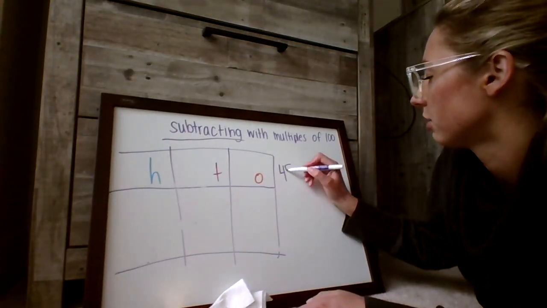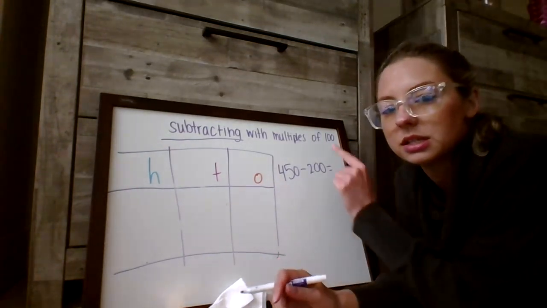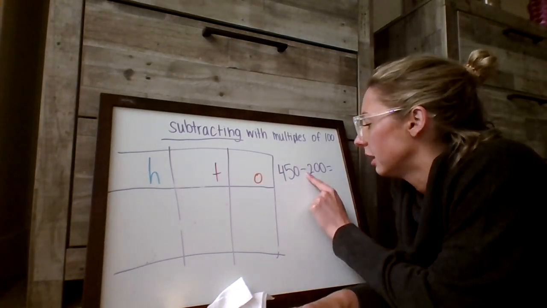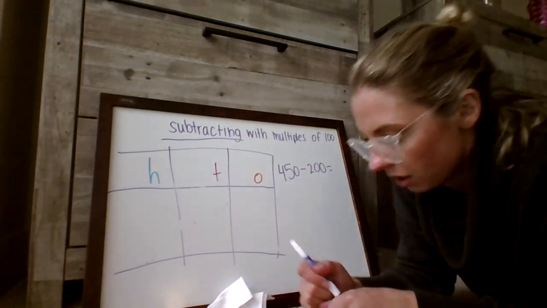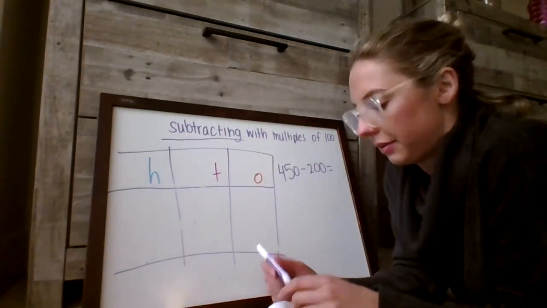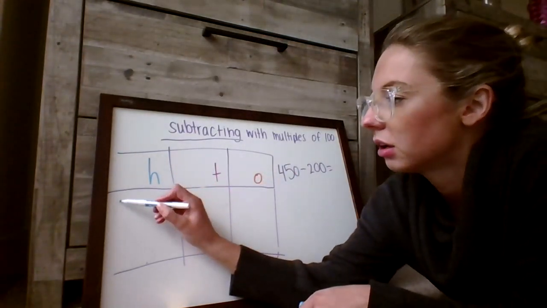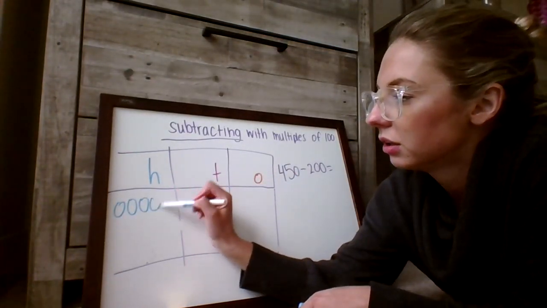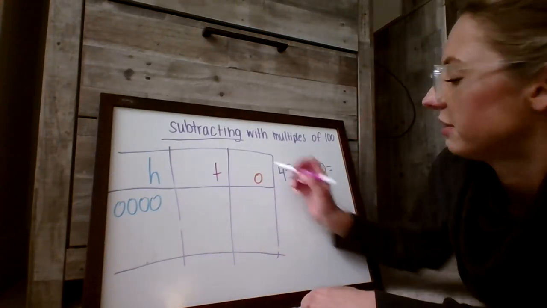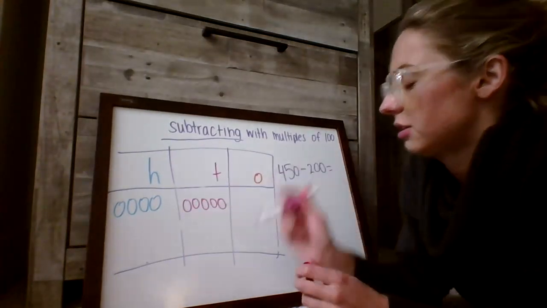Let's start off by doing something easy. What does this say right here? Read this with me. 450 minus 200. Well, I'm going to start off by drawing 450, because we always draw the number we start with. 400 has 4 hundreds. 50 has 5 tens. 1, 2, 3, 4, 5, and 0 ones.